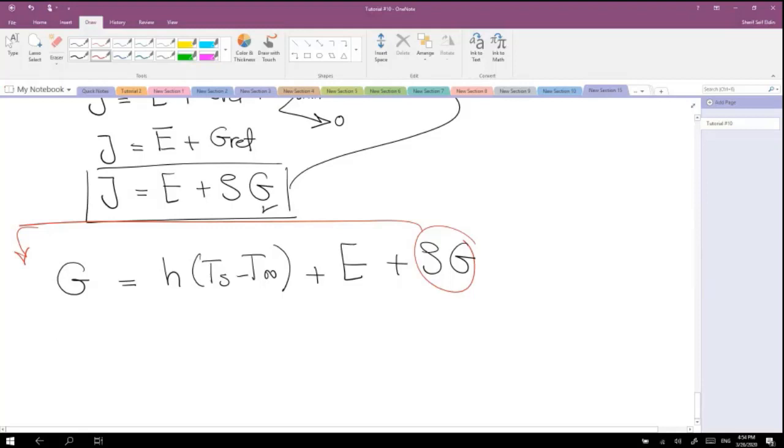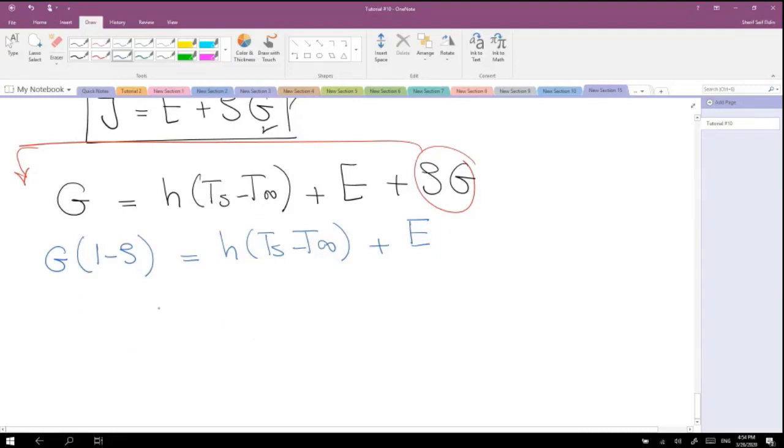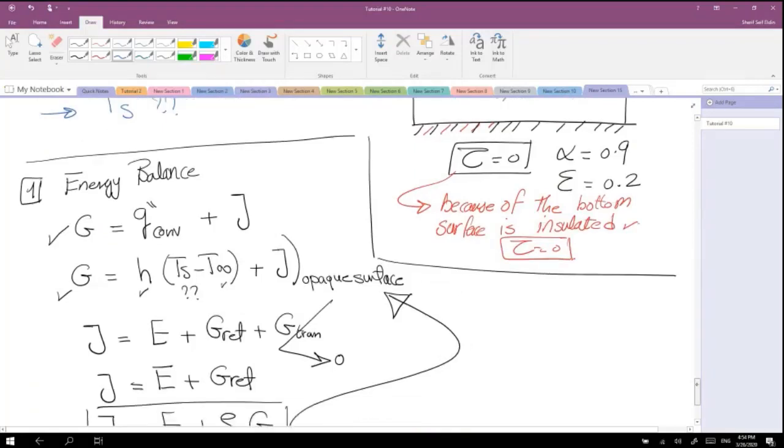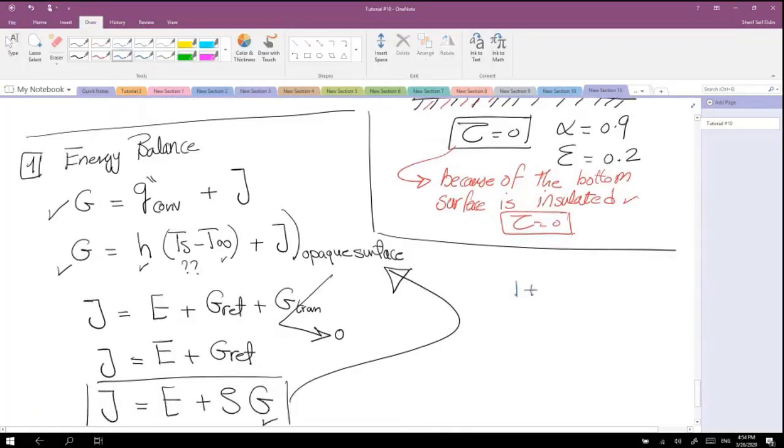So basically we will be left with G as a common factor, (1 minus rho) times G equals H times (Ts minus T infinity) plus E. We know that alpha plus tau plus rho is equal to 1.